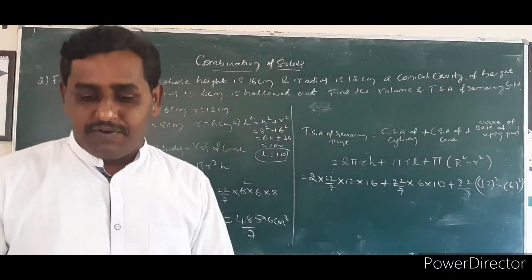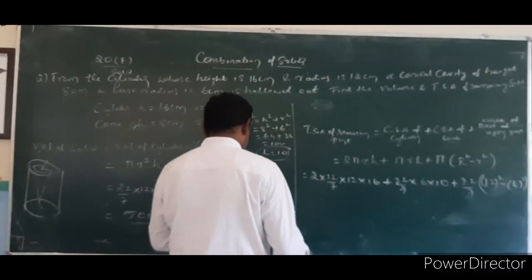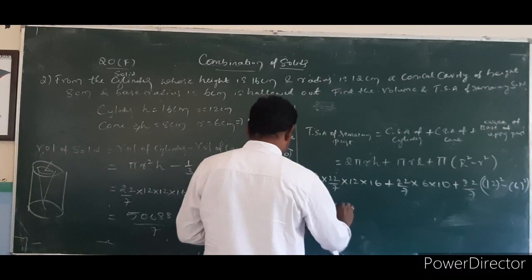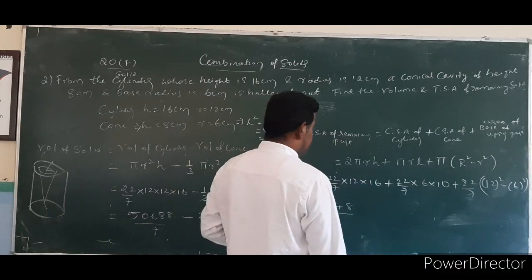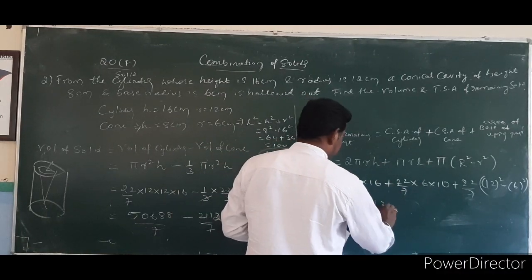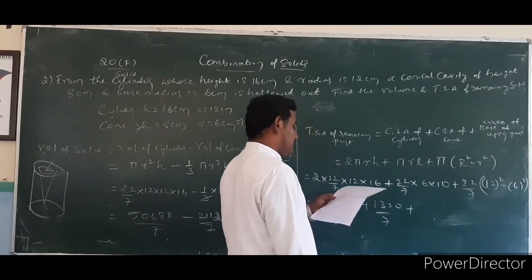So if you go on simplifying this part, you will get 8448 by 7. That is the curved surface area of the cone. If you simplify all those things, 1320 by 7.